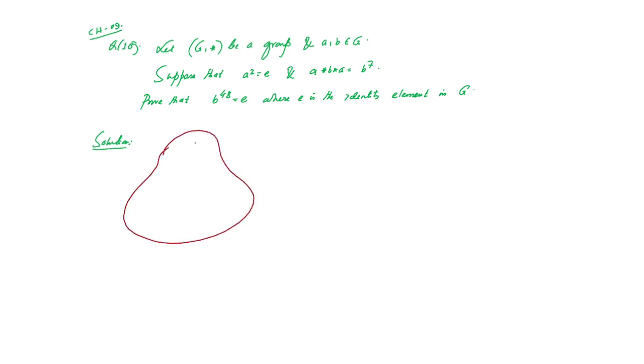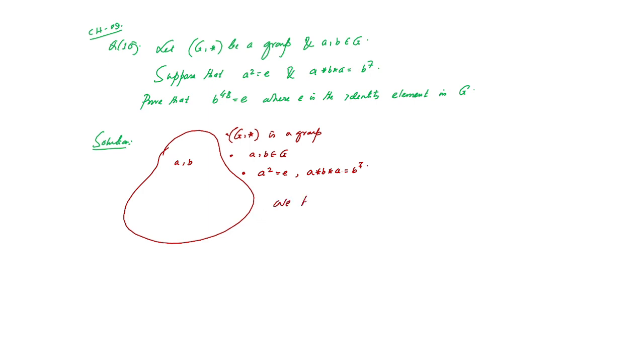What is exactly given? G with this operation is a group. It is also given that A, B belong to G, and A squared equals the identity element, and A star B star A equals B to the power 7.